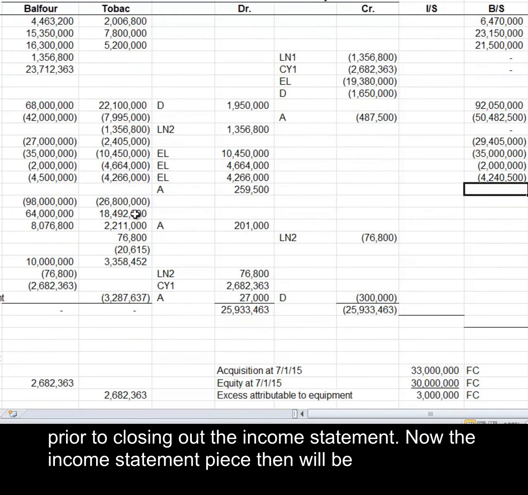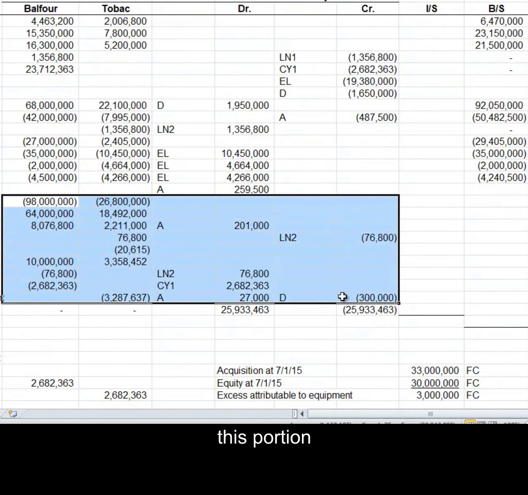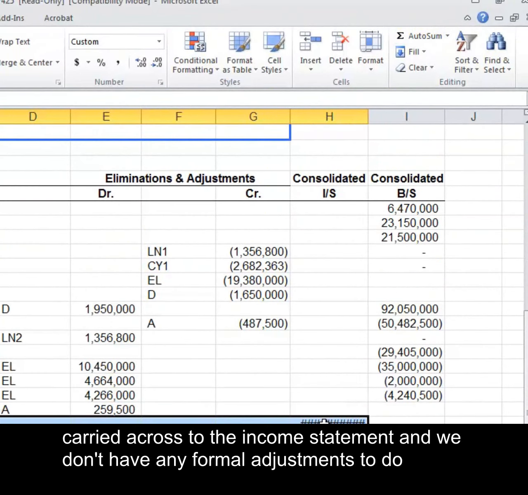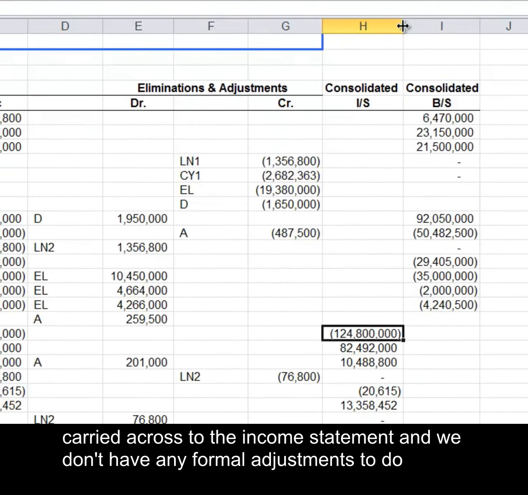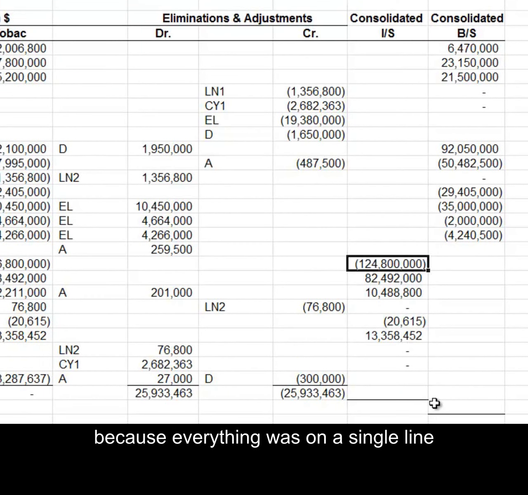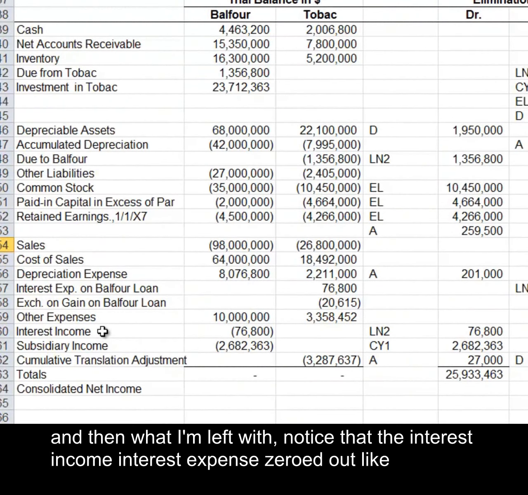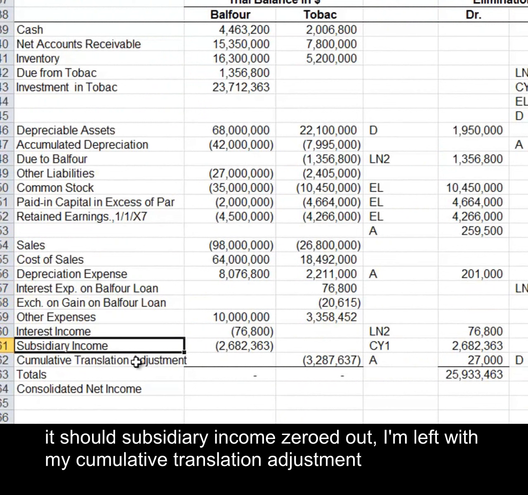Now the income statement piece will be this portion carried across to the income statement, and we don't have any formula adjustments to do because everything was on a single line. And then what I'm left with, notice that the interest income, interest expense zeroed out like it should, subsidiary income zeroed out.